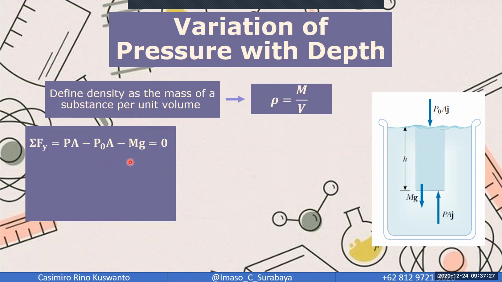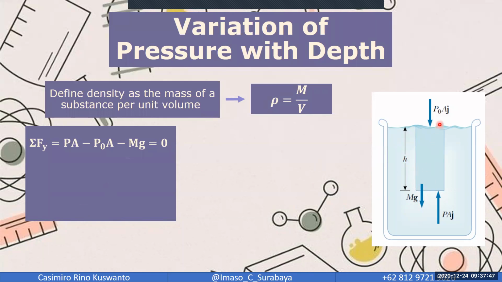And last, we see the force because of the mass itself, the gravitational force, or we can say the weight force. It can be found by m times g.